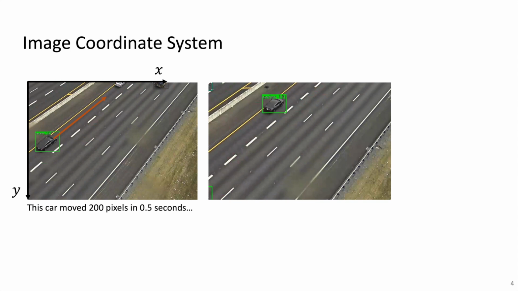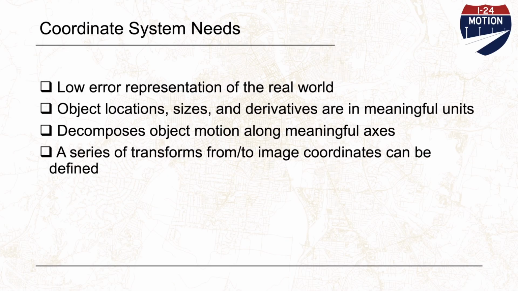So basically, our needs for our coordinate system are a low error representation of the real world. Any coordinate system we use is going to be a mathematical approximation of the real world, which is very complex and detailed. So there's going to be some error, but we want that error to be low. We want the coordinate system to have object locations and sizes and speeds and accelerations in meaningful units, such as feet or meters per second, etc. We want to decompose the object motion along meaningful axes.